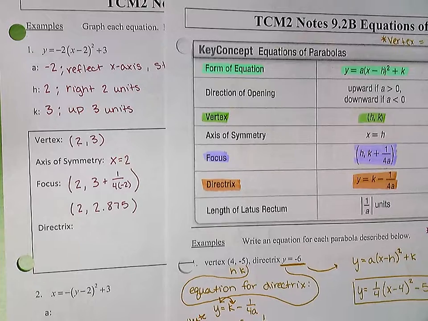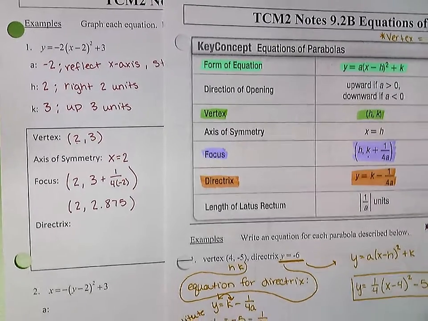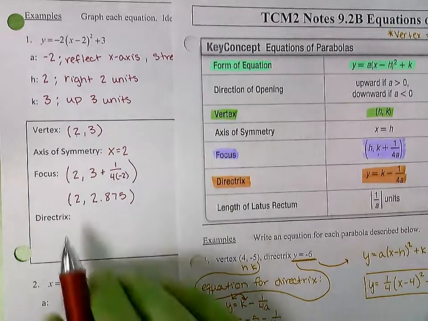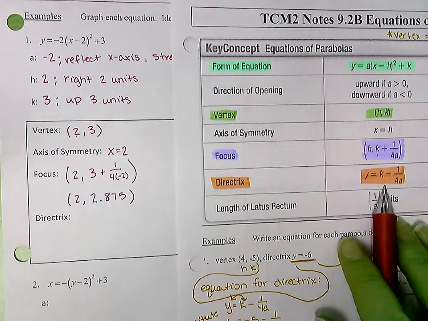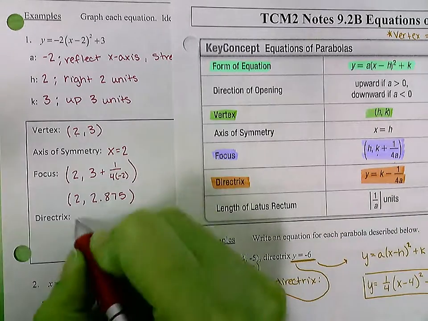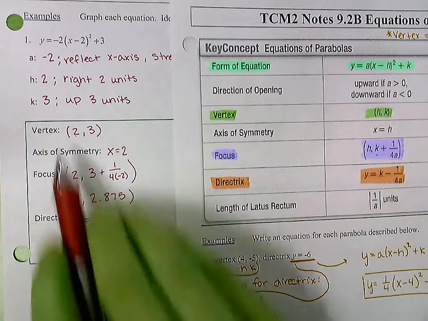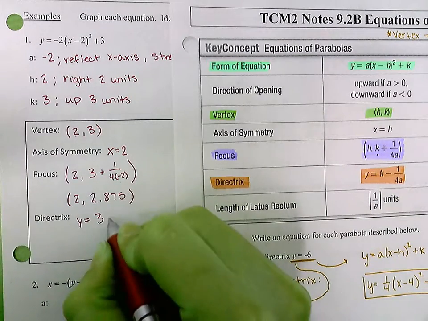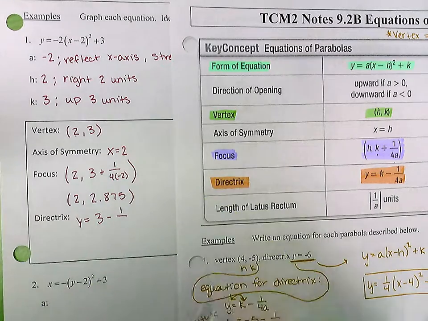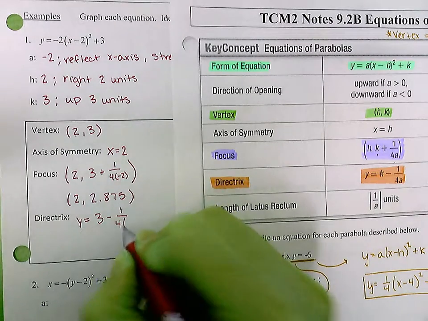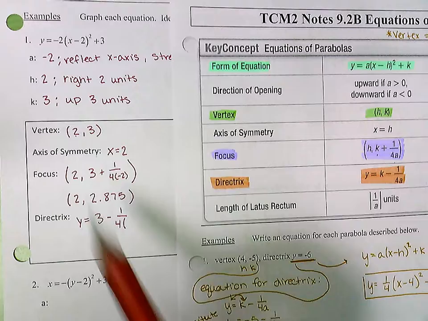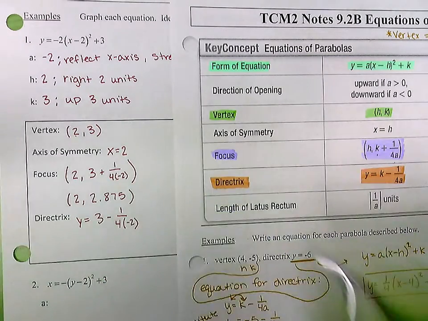Okay, so that would be your focus point. The last one I have here is the directrix. That's this one here. So we'll have y is equal to our k value, k is 3, minus 1 over 4 times our a value. A is negative 2.